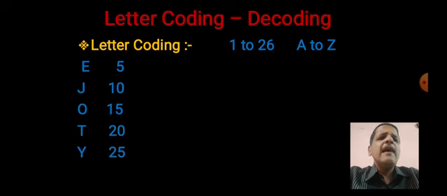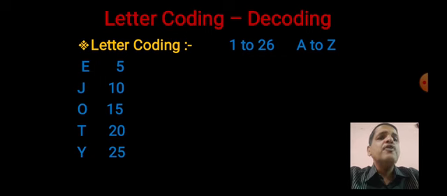If you are not able to memorize those numbers 1 to 26, another trick is there. For E it is 5, J it is 10, O 15, T 20, Y 25. So we just have to keep in mind those 5 numbers.